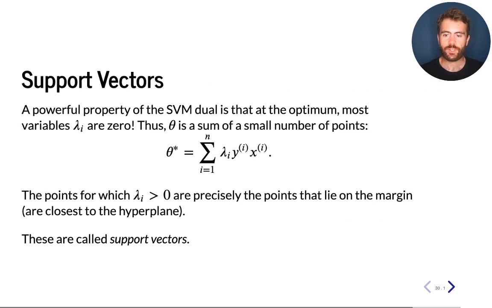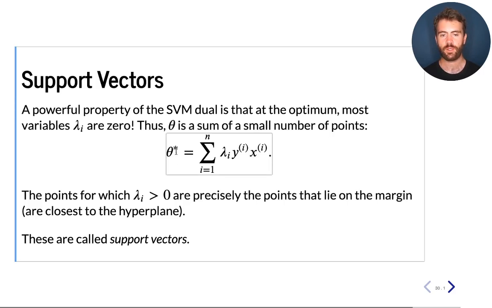Finally, one interesting property of support vector machines is that if we look at this optimal parameter theta, this is a sum over the data points i, where each data point is weighted by the following two scalars. This is a d-dimensional vector, the same dimension as theta.